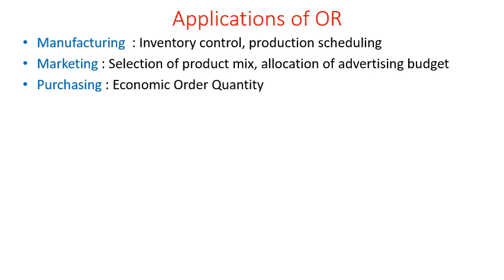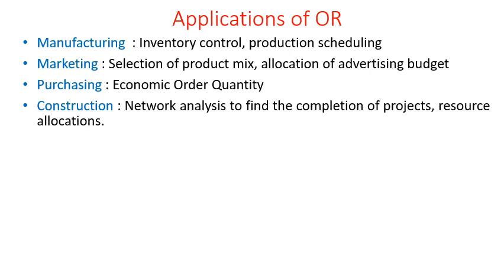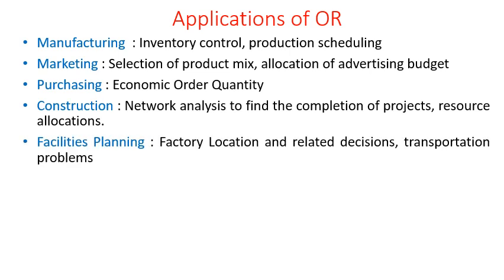So what is the optimum order quantity so that I can get the order as well as minimize the total inventory cost? That is the decision we take in purchasing. This is one of the applications of OR. Construction: network analysis, again PERT and CPM. Facility planning: factory location and related decisions, transportation problems, etc.